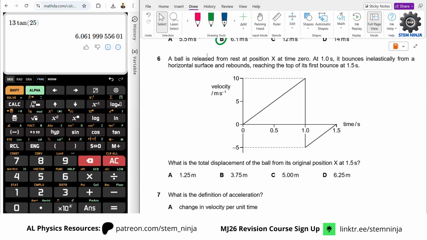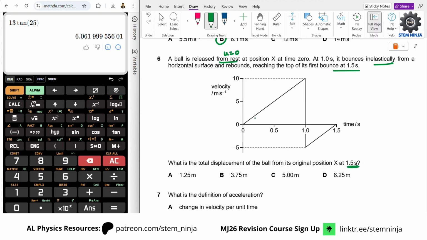A ball is released from rest at position X at time t equals 0. So that means if it is released from rest, u is equal to 0. At time 1 second, it bounces inelastically from a horizontal surface and rebounds, reaching the top of its first bounce at 1.5 seconds. What is the total displacement of the ball from its original position at 1.5 seconds?